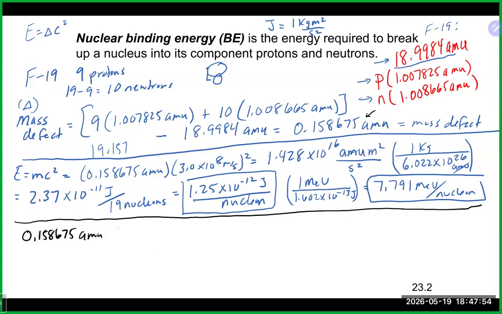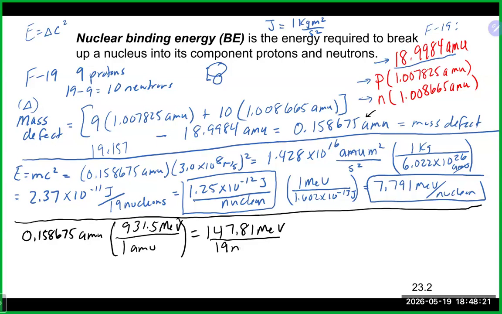You then would use the conversion on that last page: 1 AMU of mass defect is 931.5 mega electron volts. That's just going to put you into mega electron volts right off the bat. 0.158675 times 931.5 gets you about 147.81 mega electron volts, which, if you want at that point, you could also divide by the 19 nucleons.